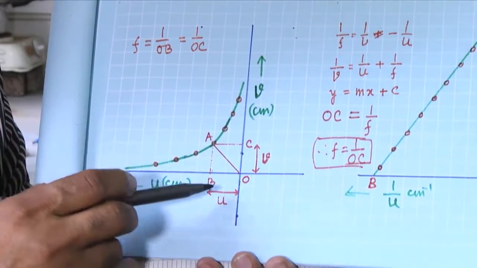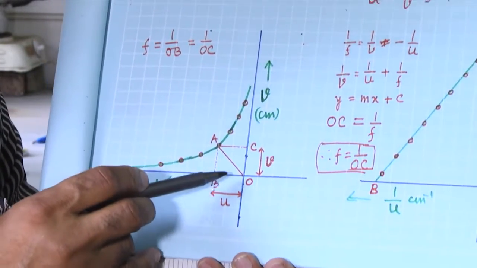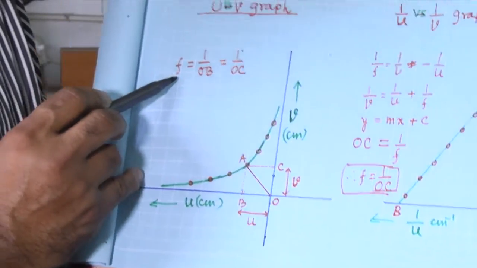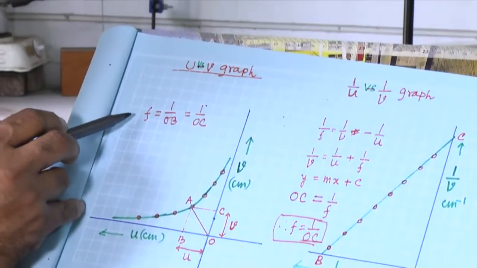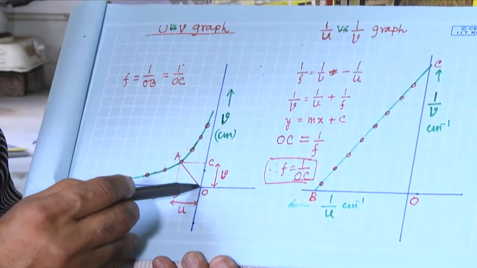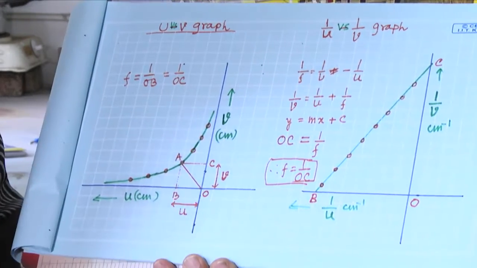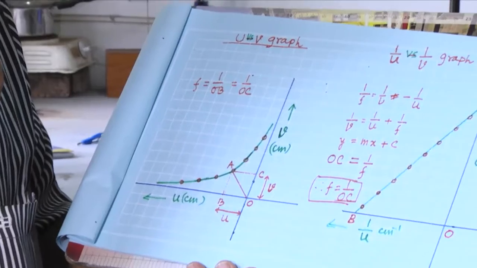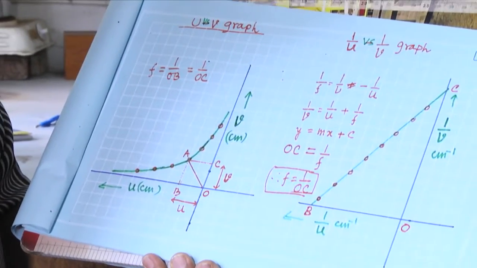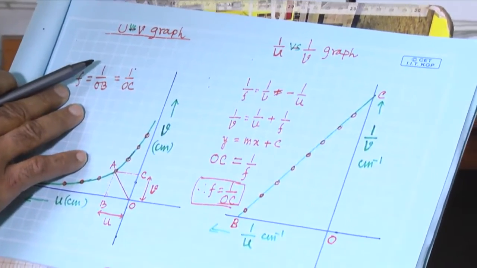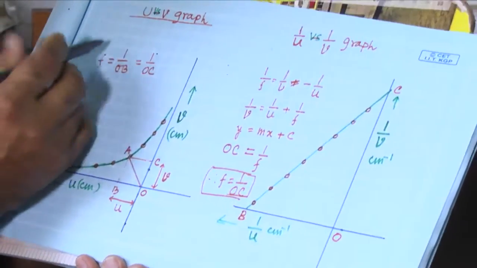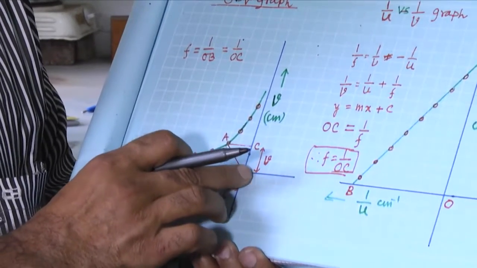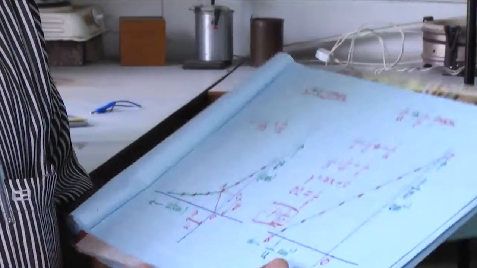Whatever u and v you are getting, so this is u and this is v. When they are equal, this will not be f, it should be 2f. So OB equal to OC.